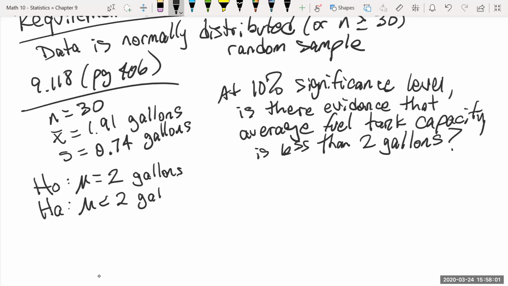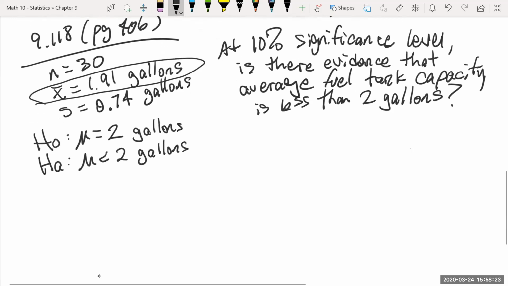We think that might be true because notice x bar was 1.91 gallons, which is less than 2 gallons. But again, is that enough to say that the average is less than 2 gallons, or could that just be sampling error? If it's not sampling error, it has to be due to something else.